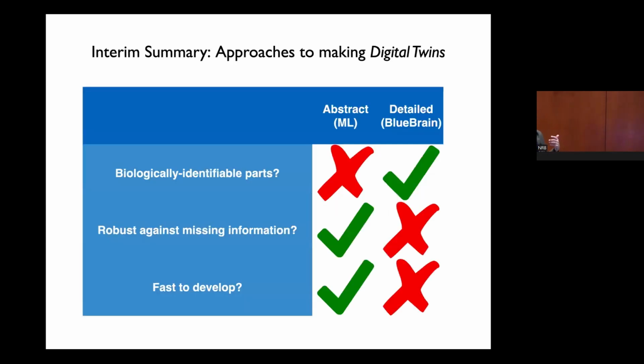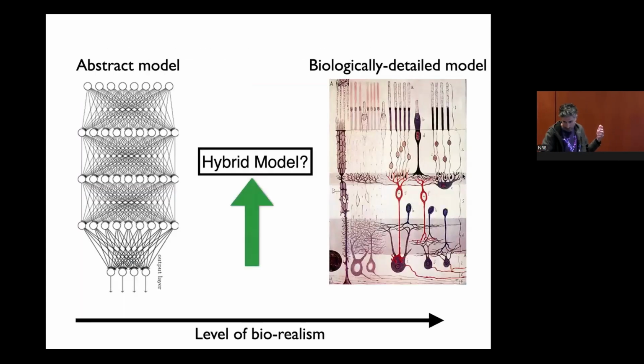And the hope is that we might be able to solve those problems by making a kind of hybrid model that lies between these two extremes, which is something I spent a lot of time developing in my lab.